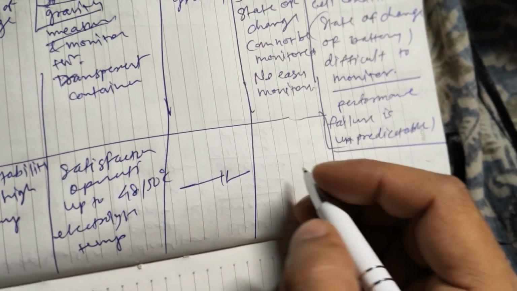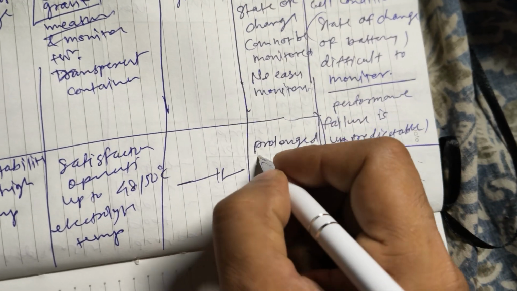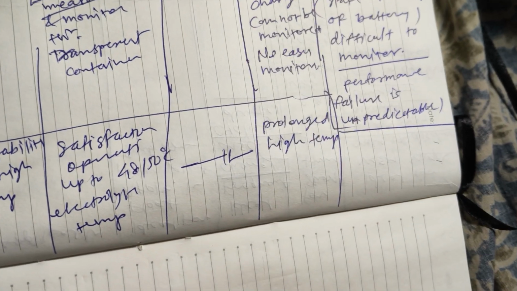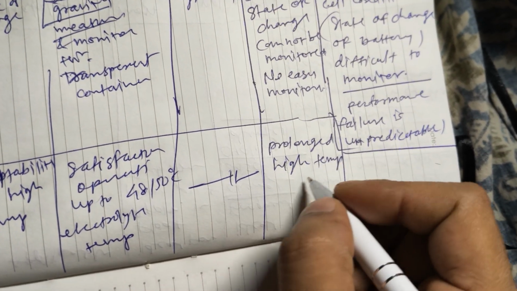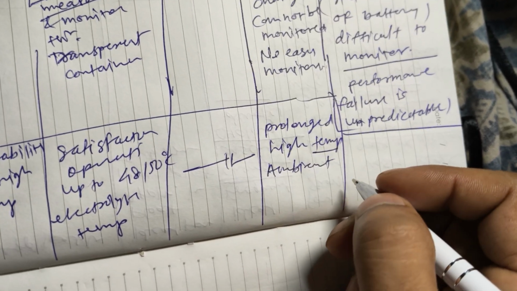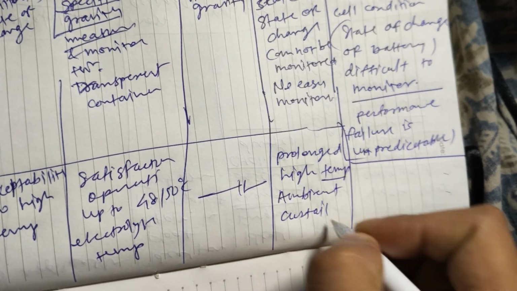So prolonged high ambient temperature curtails battery life.